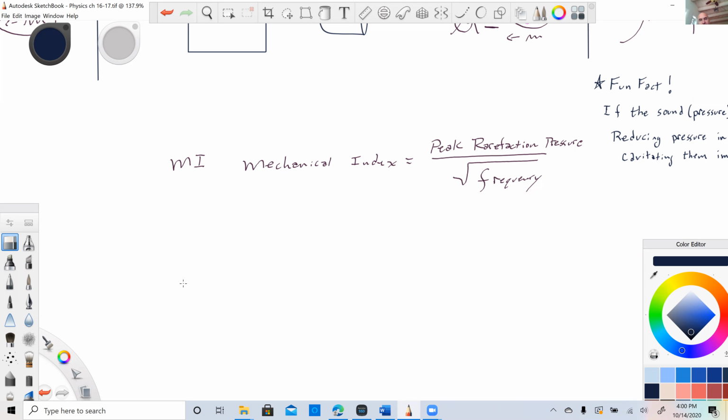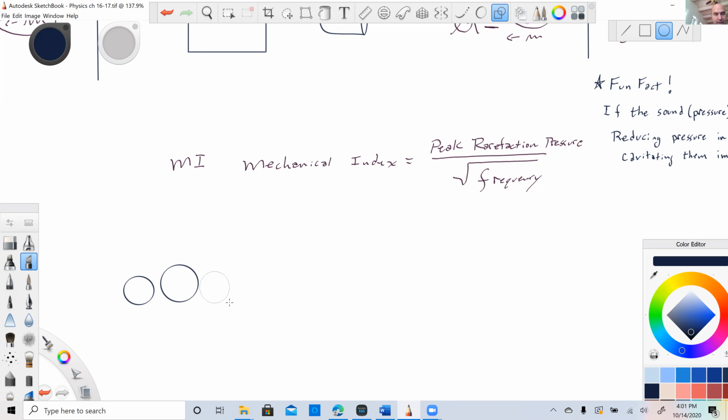So mechanical index, the peak rarefaction pressure divided by the square root of frequency. When it's low, no harmonics are created. You just get regular backscatter, and they call it a linear behavior because with a low mechanical index, these circles, let's just use this circle guy here, the bubbles kind of go from that size to that size to that size.